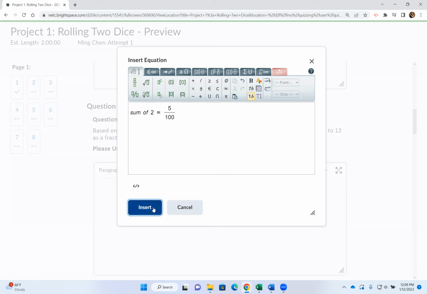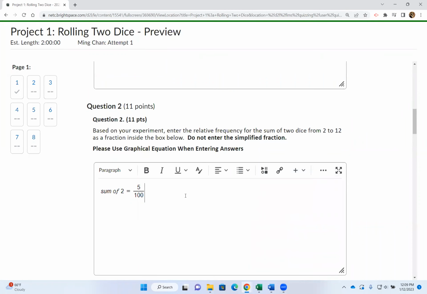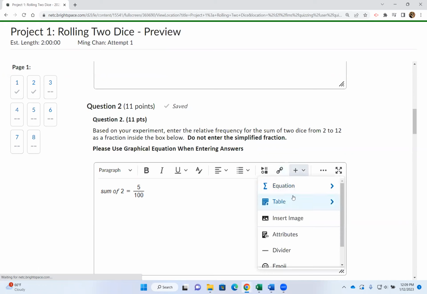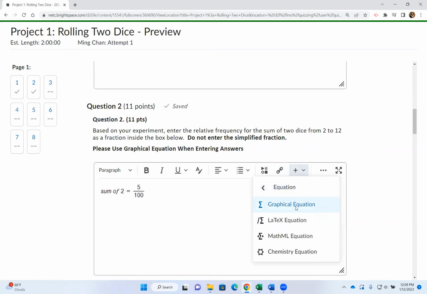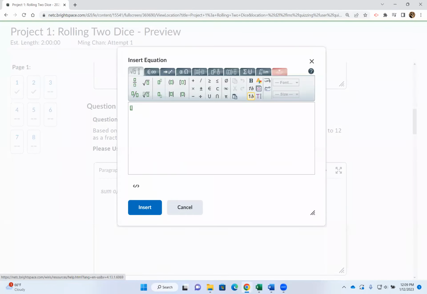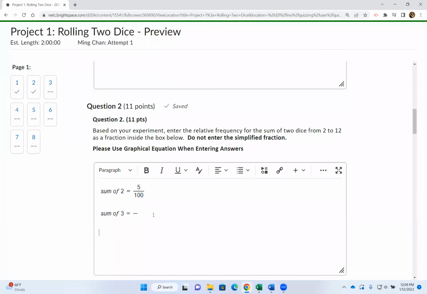Click on insert. Okay, press enter. Now you go back to graphical equation for the sum of 3, however many times that was. Okay. Enter sum of 4, sum of 5, sum of 6.